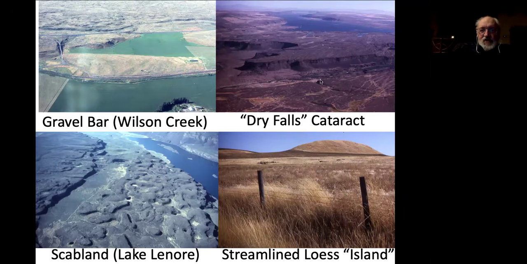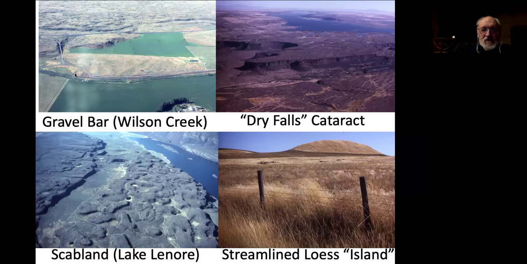And there were also features like dry falls, which may be familiar to many of you, located in the eastern part of Washington, where massive amounts of water cascaded over 400-foot high cliffs that went into deep cut inner channels.